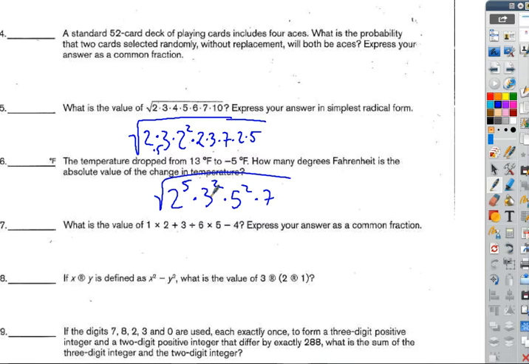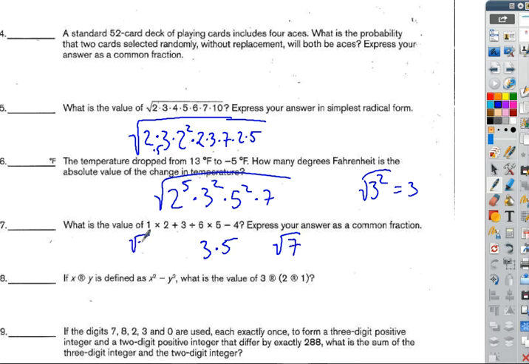So let's deal with these two first. So 3 squared, the square root of 3 squared is just going to be 3. So right now I know already I have 3 times 5, and I can't do anything with the square root of 7. It's just the square root of 7, right? Now let's look at this 2.